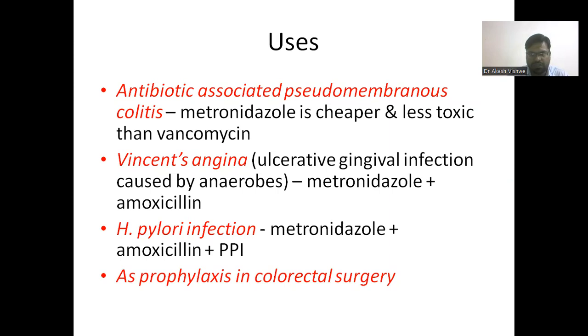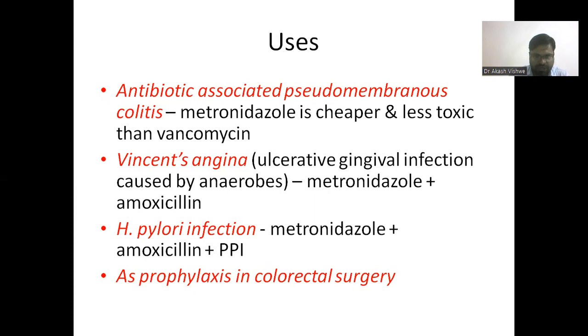Antibiotic associated pseudomembranous colitis: metronidazole is actually cheaper and less toxic than vancomycin, so more beneficial in this condition. Vincent angina is actually an ulcerative gingival infection caused by anaerobes, so metronidazole plus amoxicillin are more beneficial.